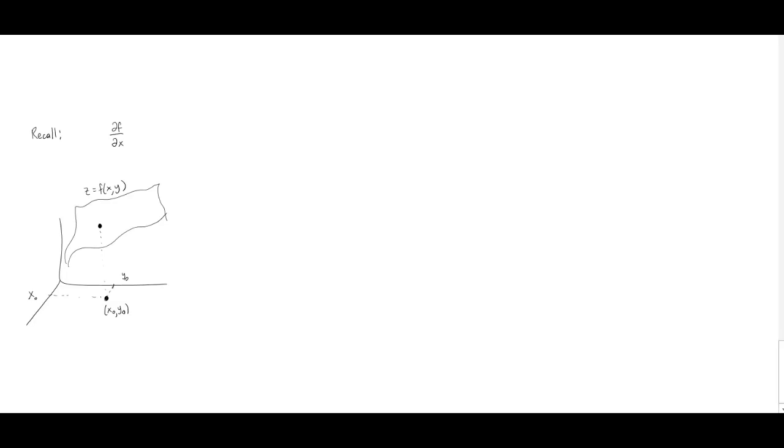So if you imagine walking along the graph in the positive x direction, passing through that point, all right? I said that the partial of f with respect to x at this point x naught, y naught, it was the slope on this curve, or if you will, slope of the graph at this point.